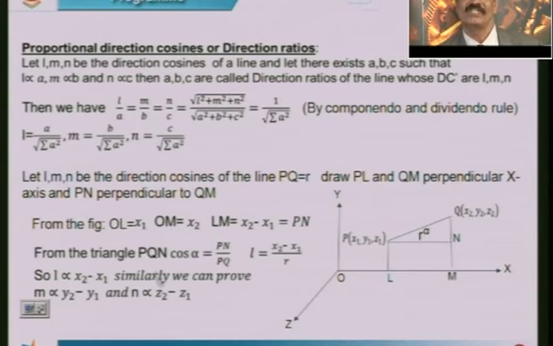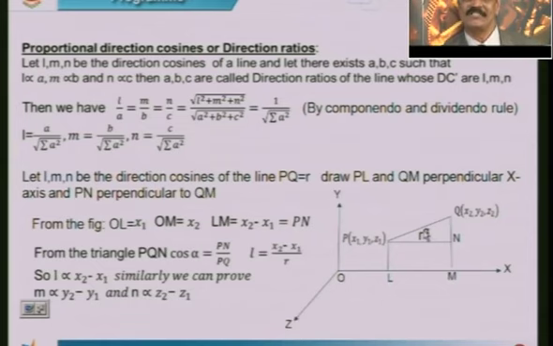Just similar to this, you go ahead and get cos beta, which is once again y2 minus y1 by R. R remains the same, so M equals y2 minus y1 by R, so M is proportional to y2 minus y1. Similarly, N is proportional to z2 minus z1. If we take it as the z axis, these distances will be in terms of z. I will get the distance as z2 minus z1, and this angle is going to be gamma.